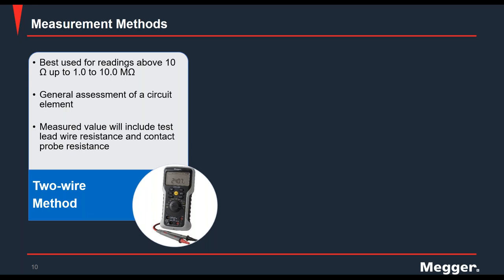Why this is important is because if you want to measure a low resistance, the two-wire method may not be the best because it has the lead wire resistance and the contact probe resistance.